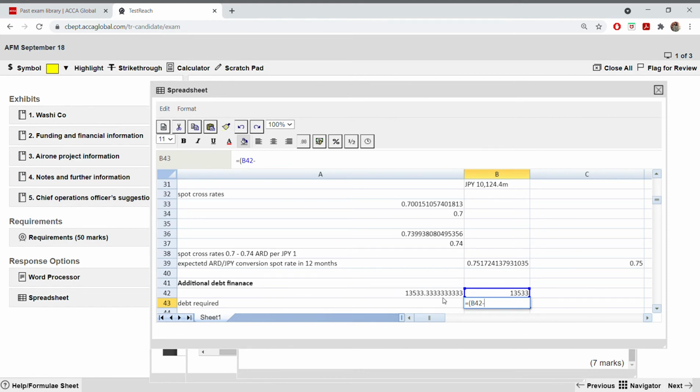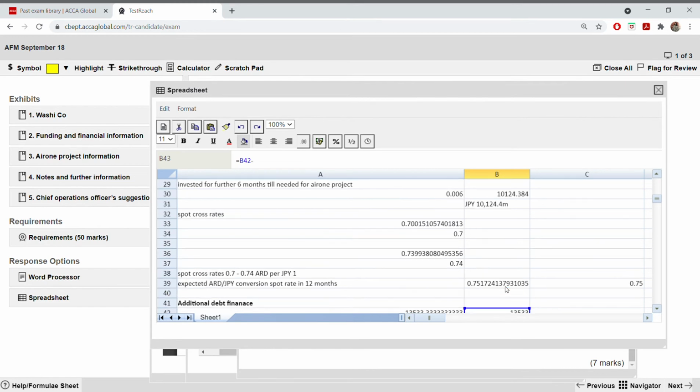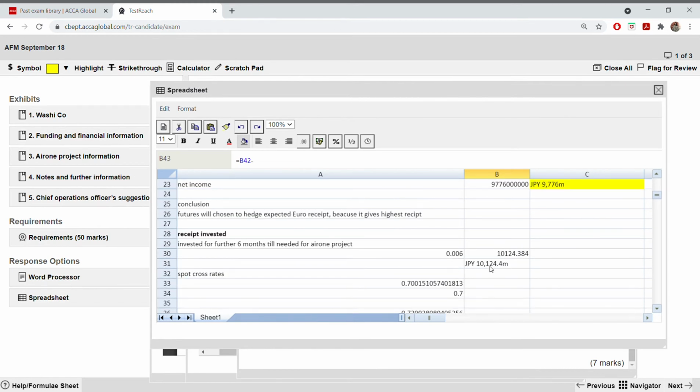Minus how much? This much, because this is what you have invested for the 6 months. So it is this minus, if you see here it will not show.